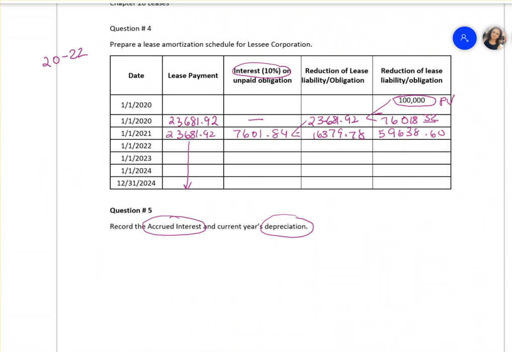So let's do that. First you record the accrued interest on this payment. Our accrued interest is for December, for our next payment. We're going to do it under both ASPE and IFRS.